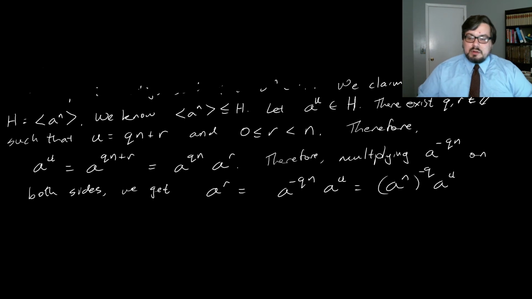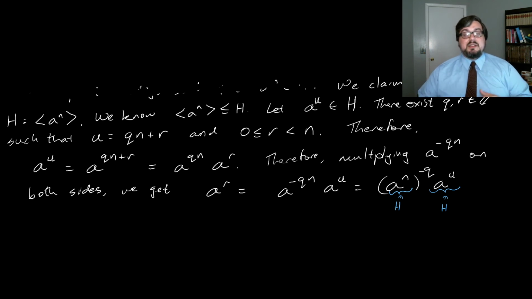Now, a to the n belongs to H. That was our hypothesis on what n was. n was the smallest positive integer such that a to the n belonged to H. a to the u also belongs to H. That was what we started with. a to the u is just some random element of H. But in particular, this means that this whole expression has to belong to H. And that's because H is closed under inverses and is closed under powers and is closed under multiplication.